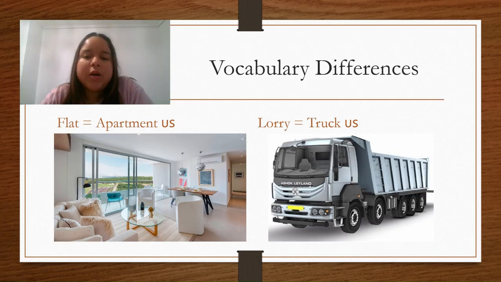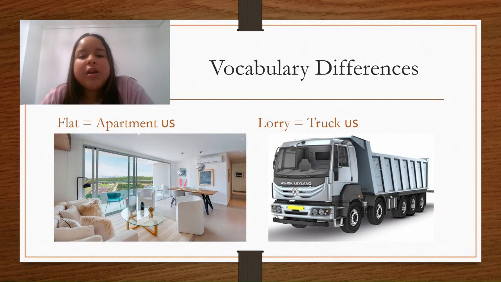Let's look at vocabulary. In British English, people say flat to talk about a place to live. In American English, people say apartment. Another example: in the United Kingdom, they say lorry, and in the United States, they say truck.